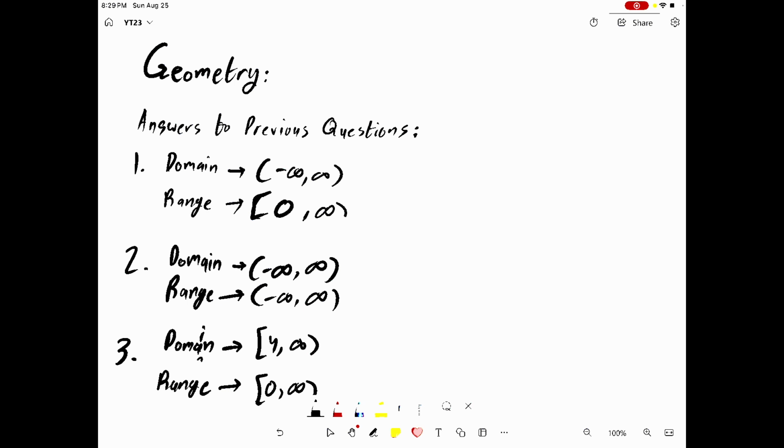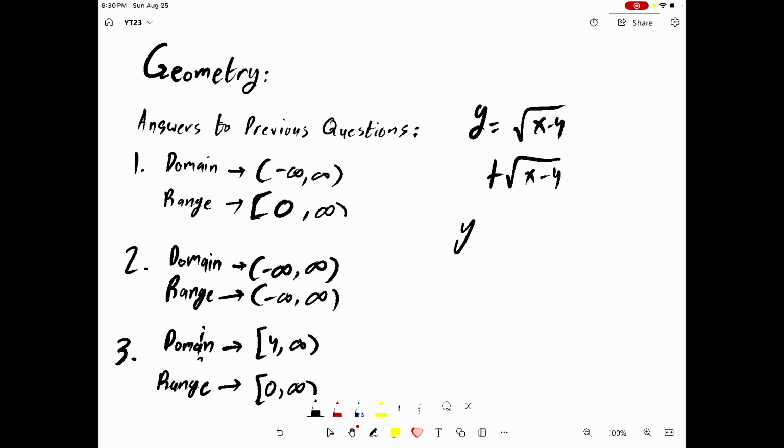For the third one, the domain is 4 to infinity, including 4, and the range is 0 to infinity, including 0. The reason we have 0 there is because the function was y is equal to the square root of x minus 4. Now, this means to take the positive square root.